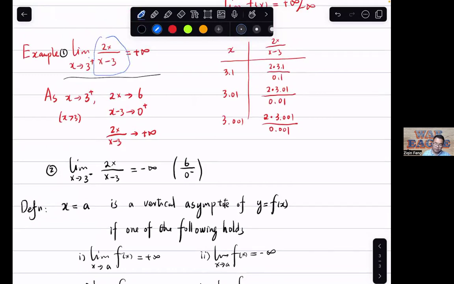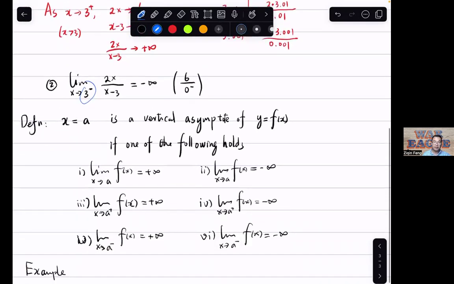These two equations say that x equal to 3 is a vertical asymptote of the function f of x equal to 2x over x minus 3. So that's basically how we get the vertical asymptote.